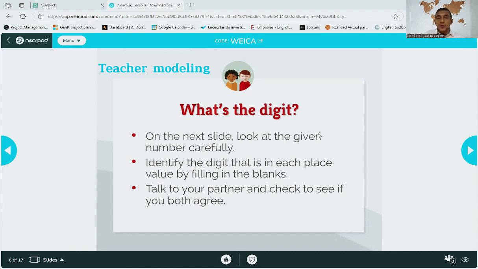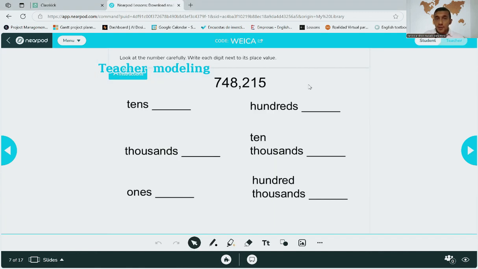Talk to your partner and check to see if you both agree. Is it clear? Nice. Now first of all, I'm going to do the first one, and you continue working with the next exercise.